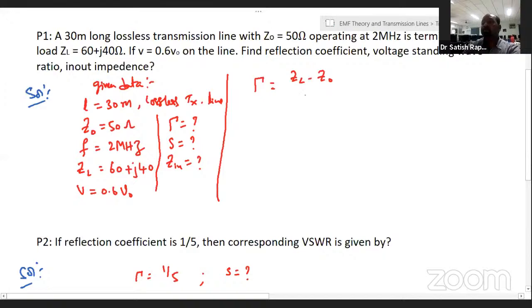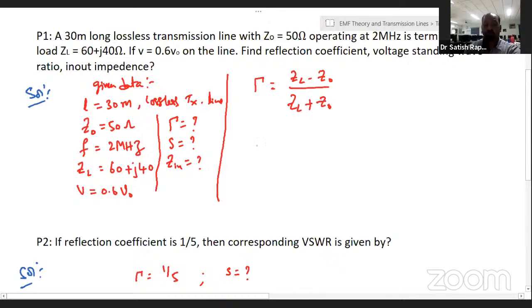ZL minus Z0 by ZL plus Z0. Very simple. ZL is given and Z0 is given, so substitute, simplify, and we'll get the answer directly.